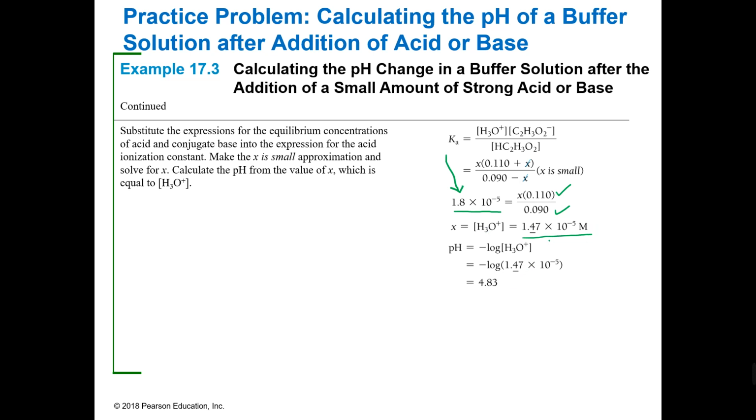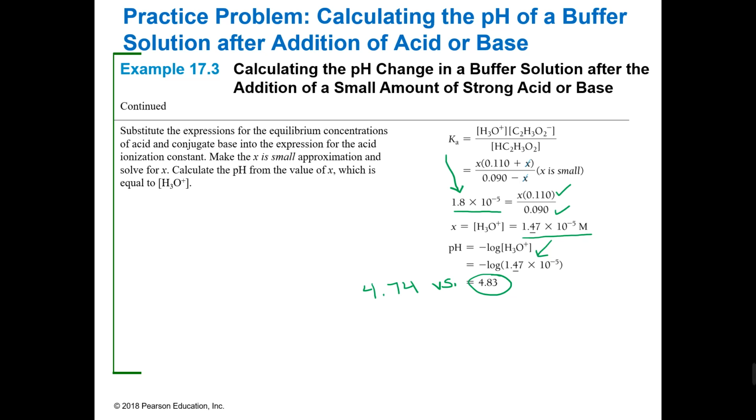We're simply going to take the negative log of that, and we see it's 4.83. This is compared to 4.74, which was our original when we had equal starting amounts and no base or acid was added.